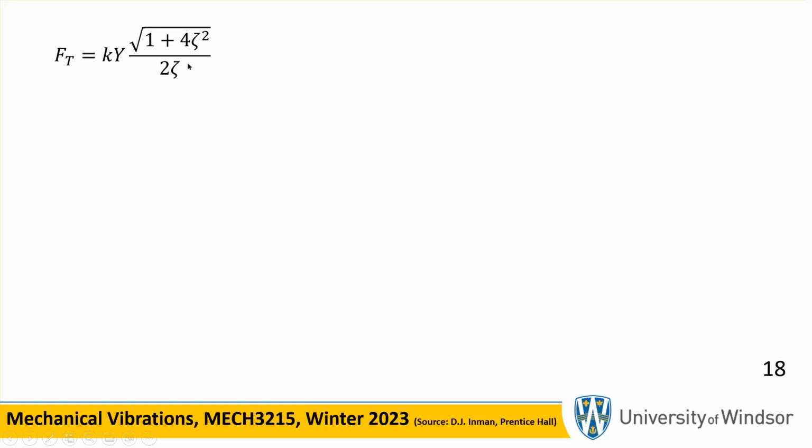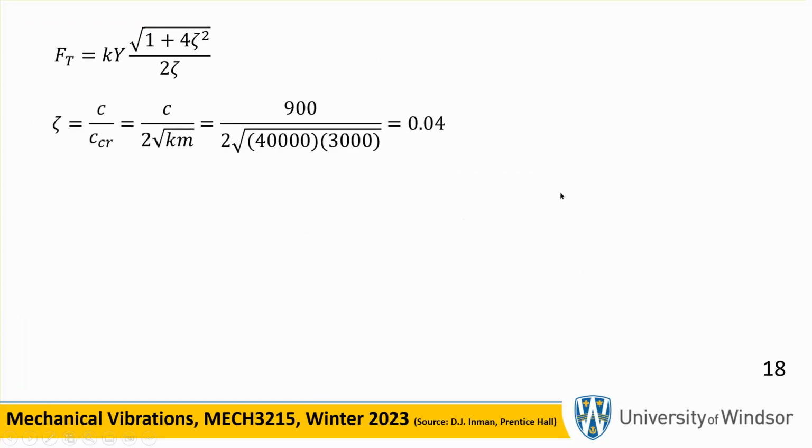Now, I have written it for your perusal here. So what do we know? We are given the damping coefficient, the stiffness of the spring, and the mass of the object, so we can find the damping ratio. And now we can just plug it in.